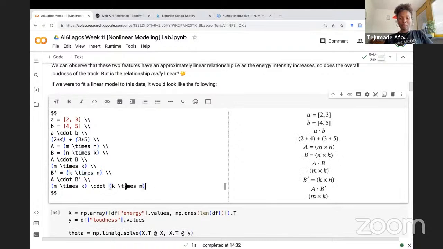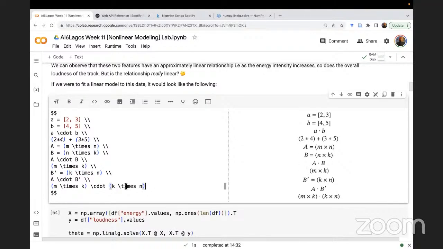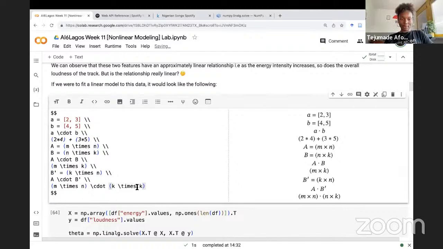Yeah, I wanted to say, if you are going to do a dot product, the number of columns of the first matrix must be equal to the number of rows of the second matrix. Yes. So they are not the same thing, so that's why it can't work. Thank you. So this is not possible.